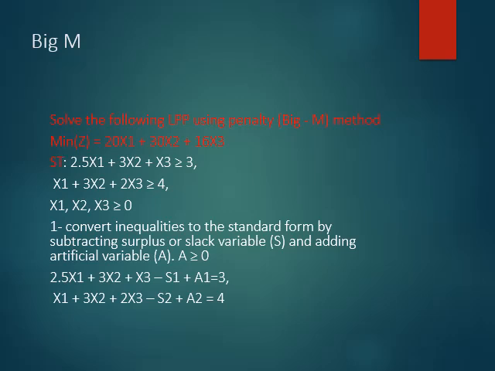This objective function is subject to 2.5x1 plus 3x2 plus x3 greater than or equal to 3, and the second constraint is x1 plus 3x2 plus 2x3 greater than or equal to 4.